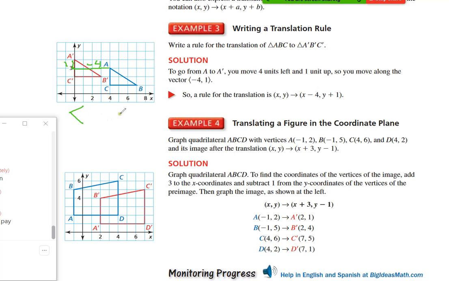So in the vector format, we'd say negative 4, positive 1. Written the other way, with arrow notation, x, y becomes x minus 4, y plus 1. Means the same thing.